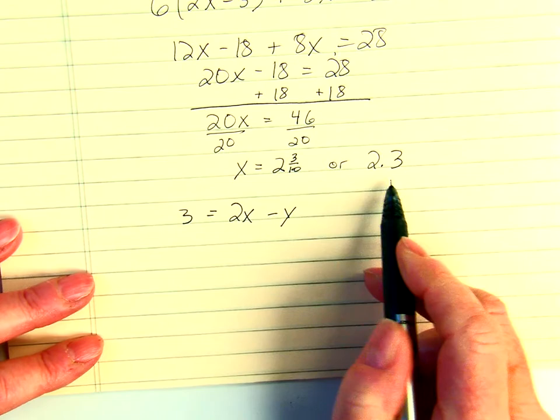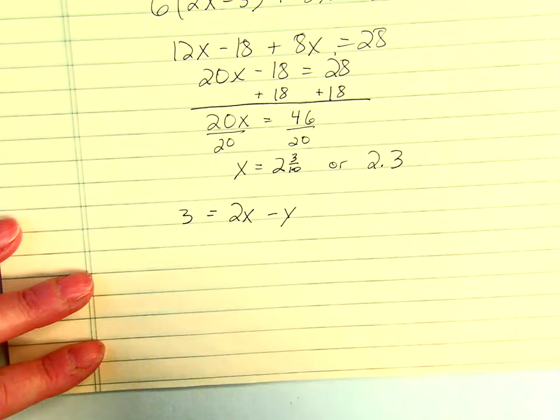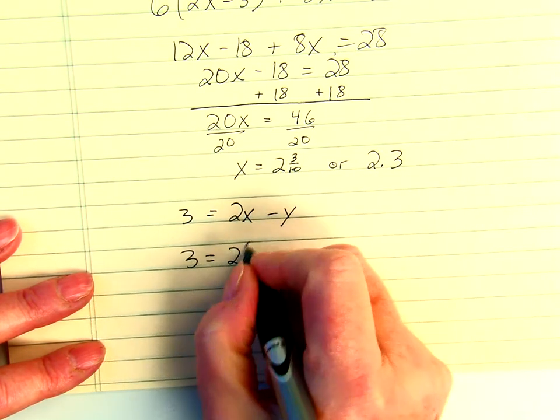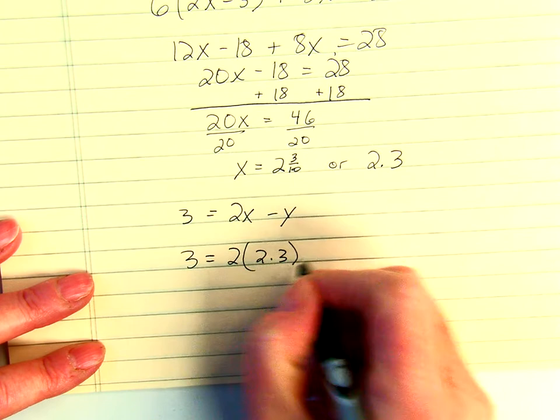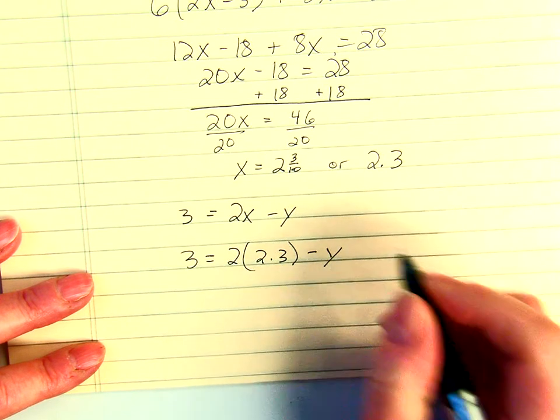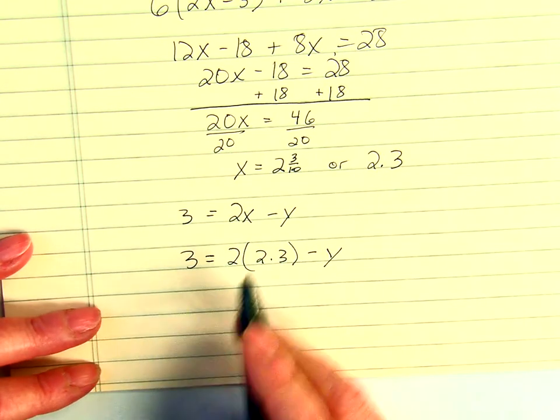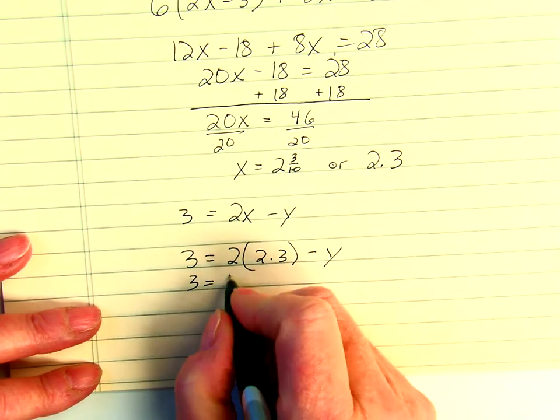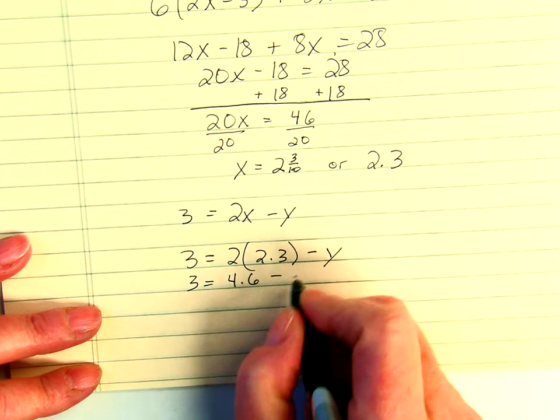We now know x, and I'm going to use the decimal version, so 3 equals 2 times 2.3 minus y. 3 equals 4.6 minus y.